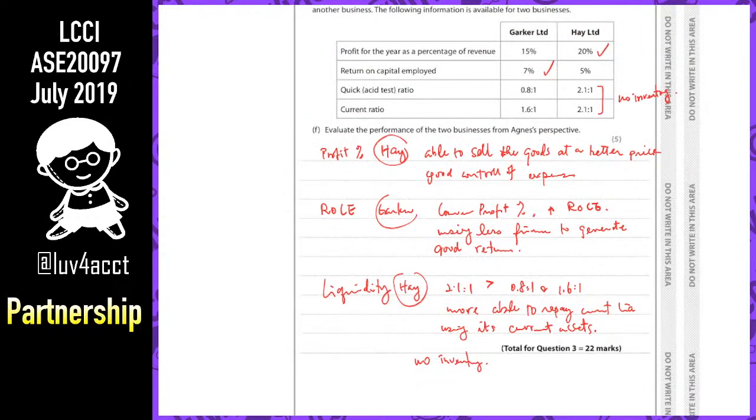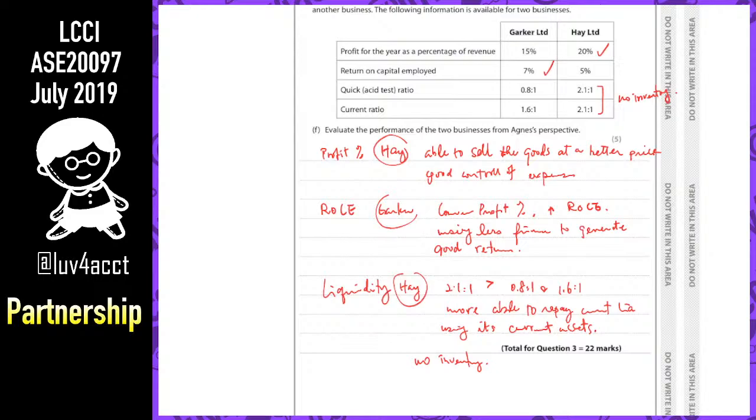So in conclusion, I would say maybe Hay Limited is a safer investment option. But then it will give you a little bit lower return of 5% ROCE.